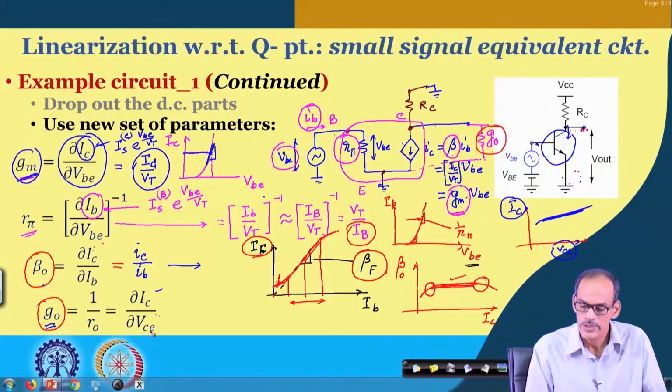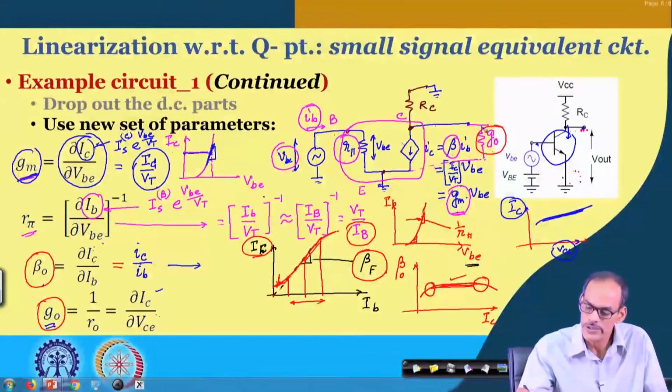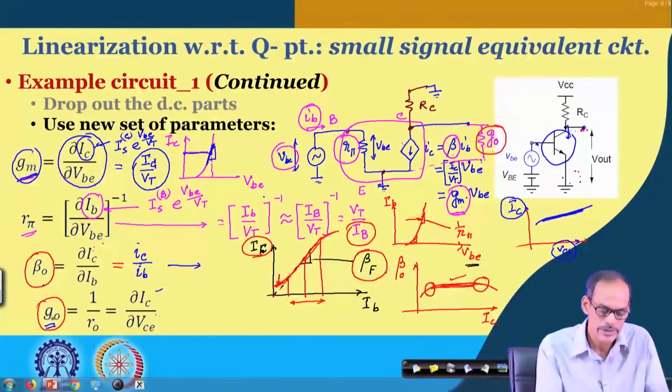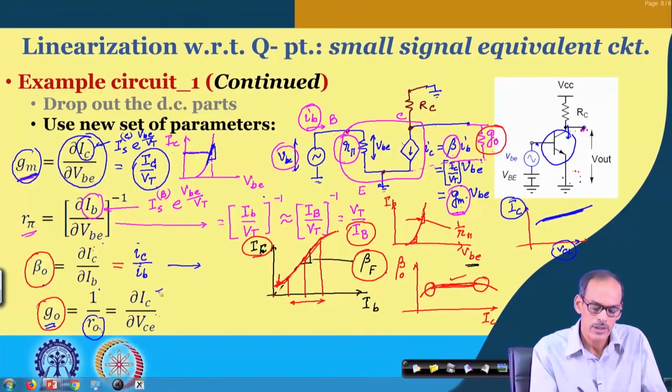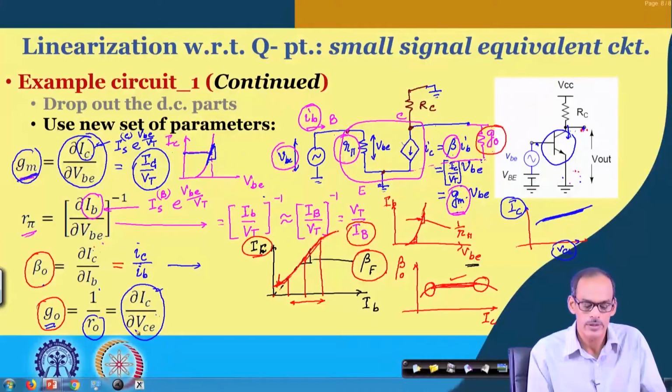Sometimes we put this element in the form of conductance, or some people write it in the form of output resistance. If I take the reciprocal, that gives us the output resistance, or rather 1 by output resistance is defined by dou I c divided by dou V c e.